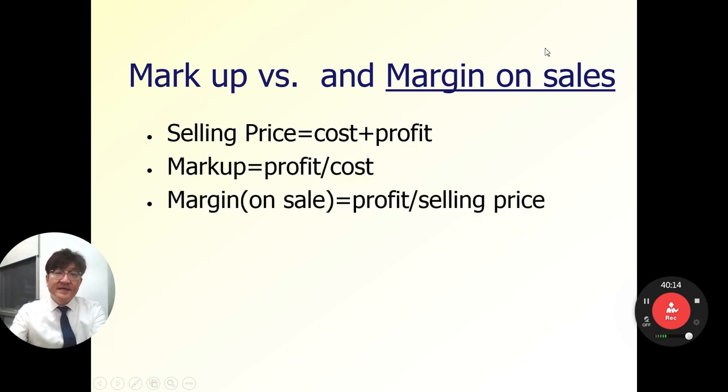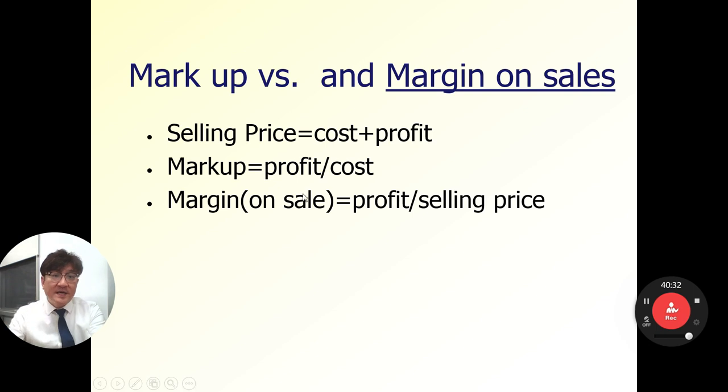Lots of people get confused about markup and margin on sales. In fact, this textbook interchangeably uses markup and margin on sales, which is a mistake. So let me try to distinguish the two.